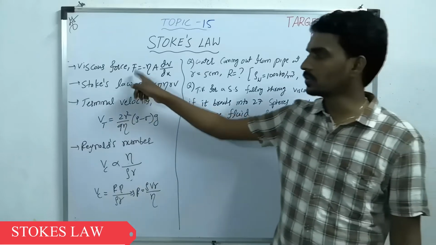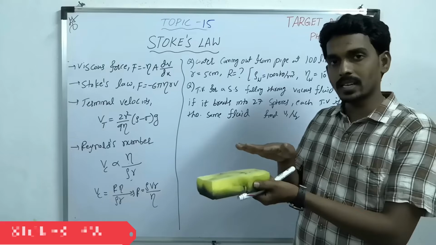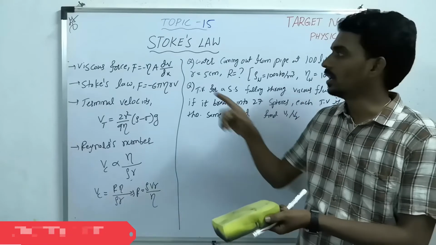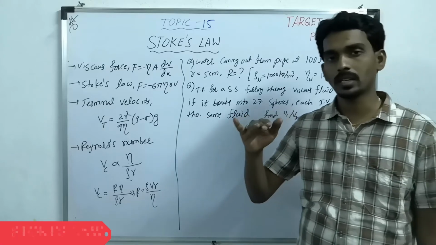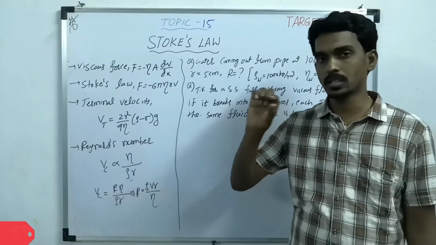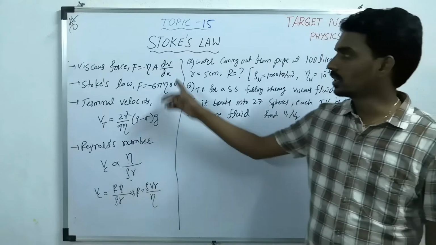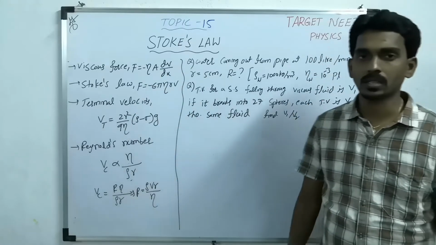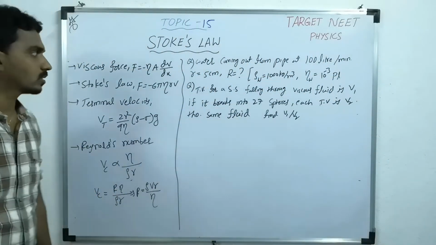That's why the viscous force depends upon the area of the imaginary surfaces or layers of the liquid and the velocity gradient. So what is the velocity gradient? What is the speed and what is the distance between the layers? It is proportional to both of them, and the proportionality constant is called eta, that is coefficient of viscosity.